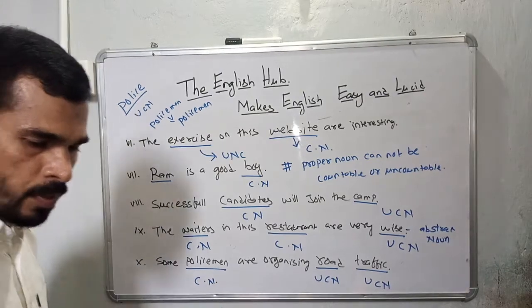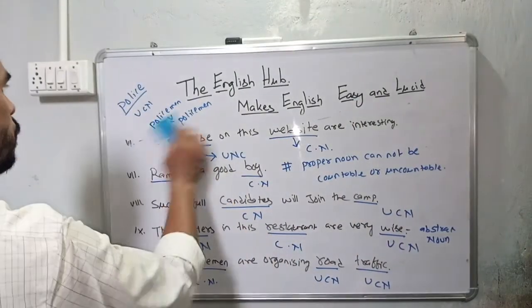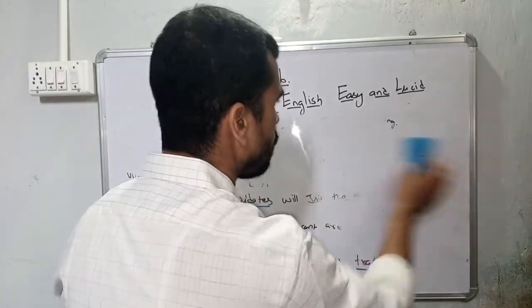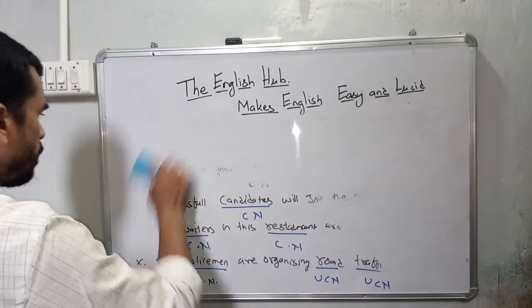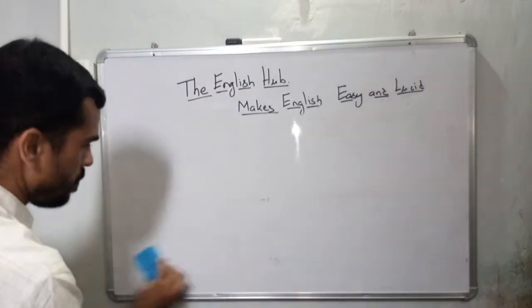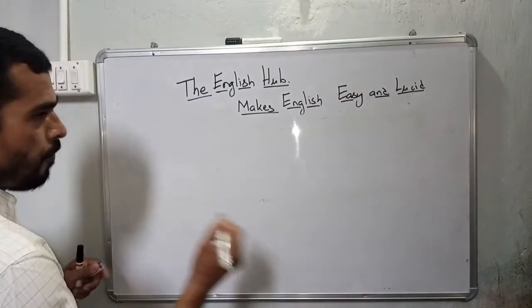So in this chapter, at last I just want to say something which is very, very important. You have to remember there are 5 types of noun.